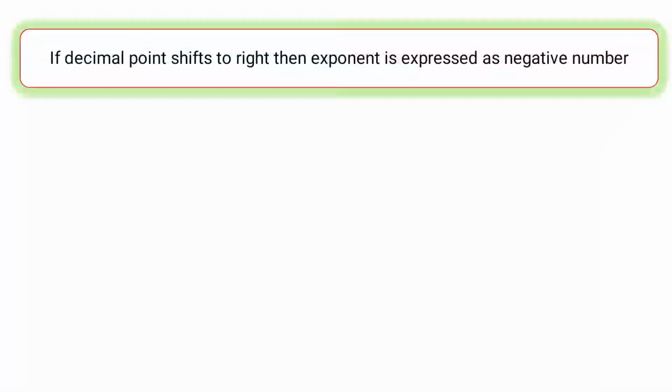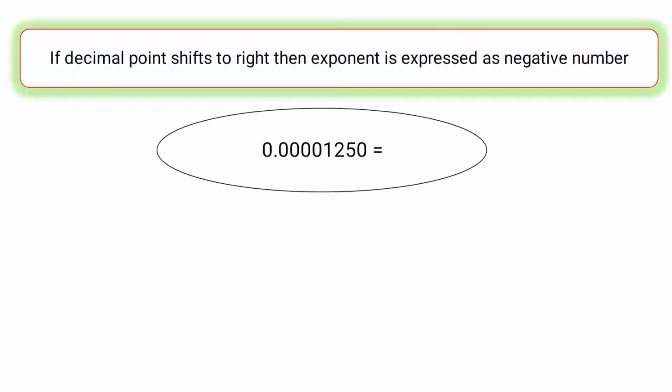Going to rule number 1. According to rule 1, if the decimal point shifts towards the right side, then the exponent is expressed as a negative number. Let us take an example. Now, here we have to move the decimal point towards the right.